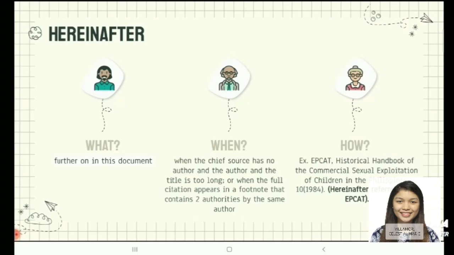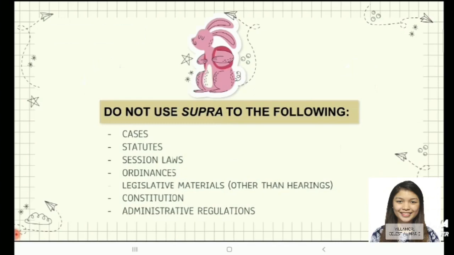So do not use supra for the following: when citing cases, statutes, session laws, ordinances, legislative materials other than hearings, constitution, and administrative regulations, because it is usually only used to refer to authors or authorities.